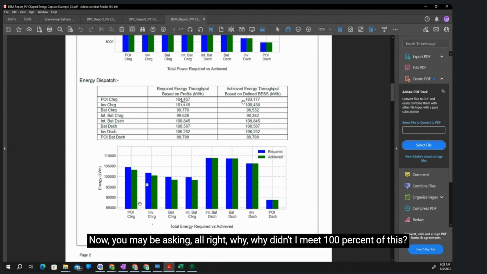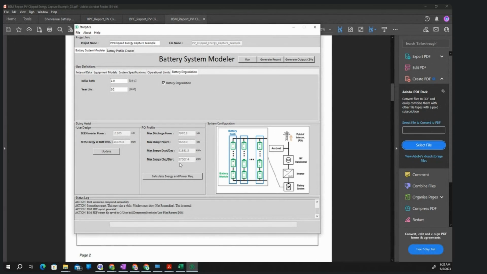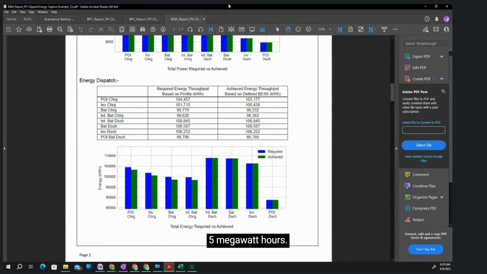Now you may be asking, why didn't I meet 100% of this, right? Here my battery was 44.7 megawatt hours, and the maximum energy charged in the day was 37.5 megawatt hours.